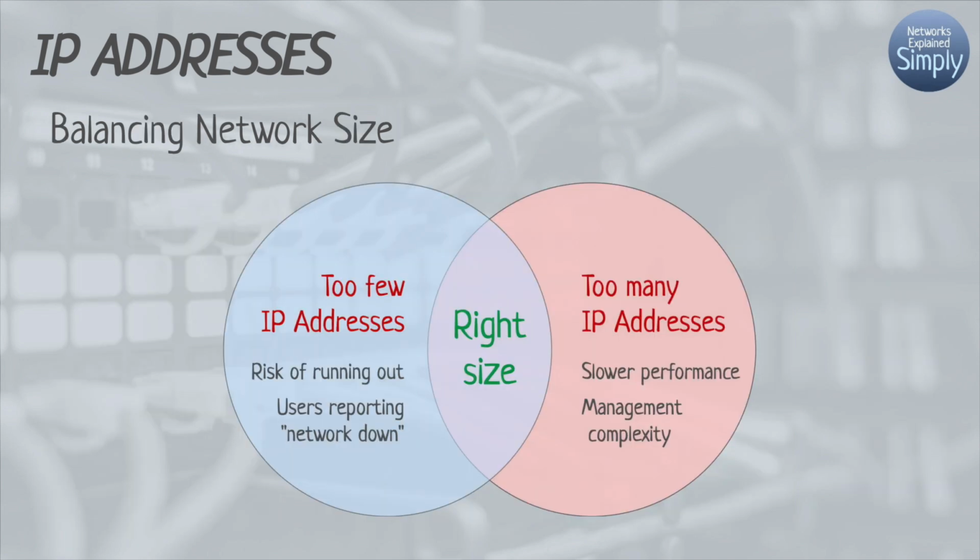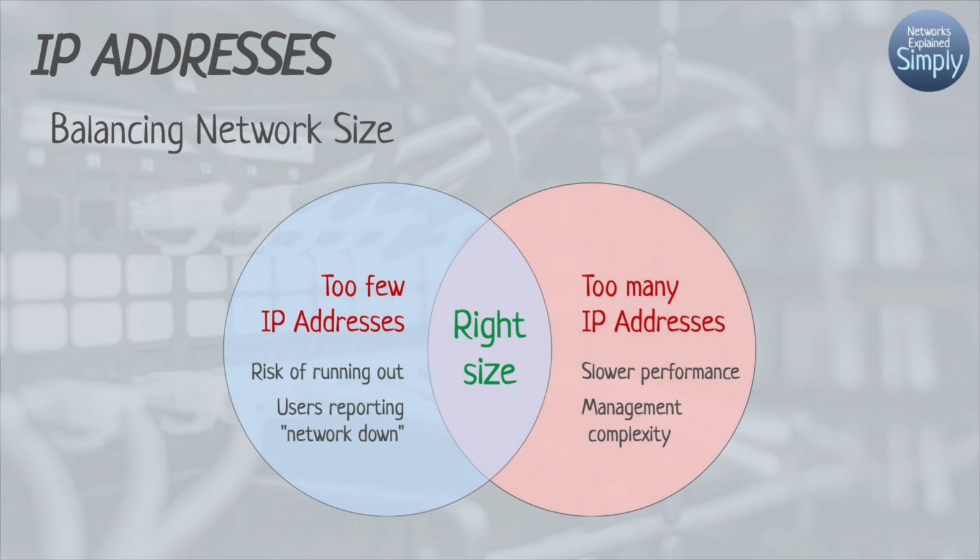When planning a network, it's important to provide enough IP addresses to accommodate all of the devices that will use the network, because each device will need a unique address. When a network runs out of available IP addresses, devices will experience connection issues, and users may report that the network is down. On the other hand, having too large of an IP address range can lead to unnecessary complexity, and slower network performance.